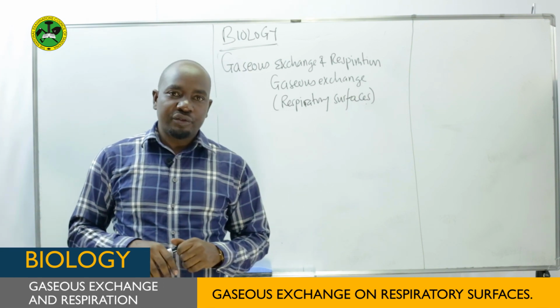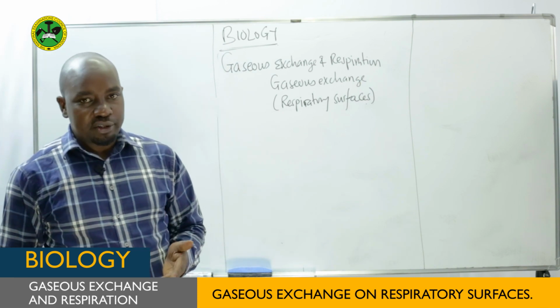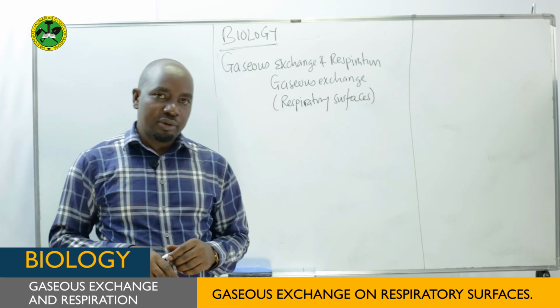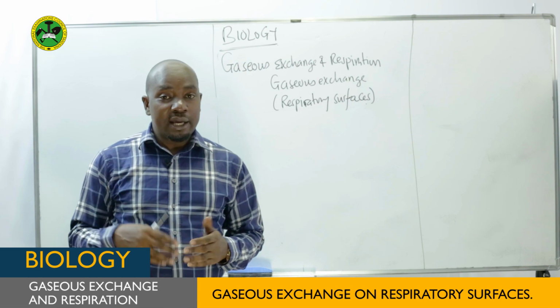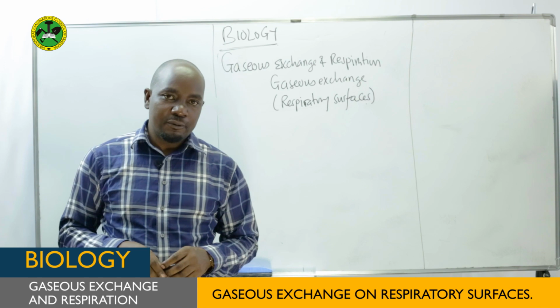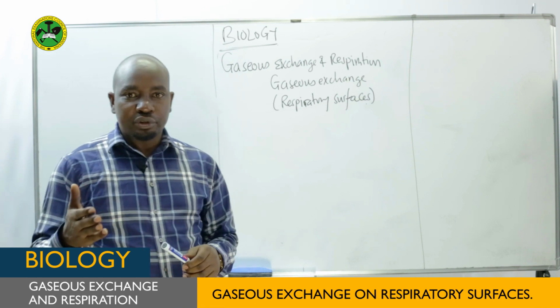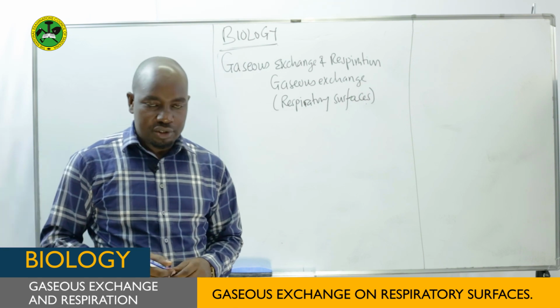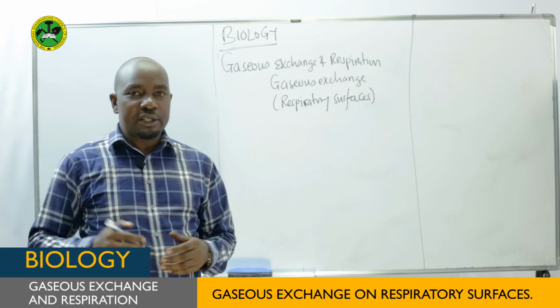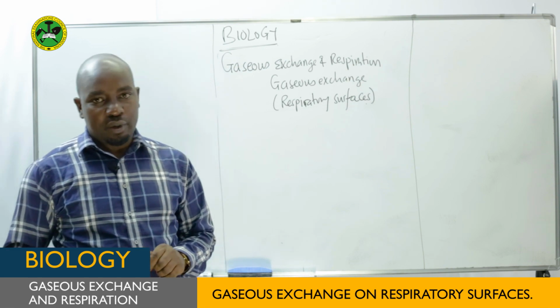Gaseous exchange is a process whereby the respiratory gases, carbon dioxide and oxygen, are exchanged between the organism and the environment. Mainly, there are two places where the gaseous exchange takes place in the body of an organism.